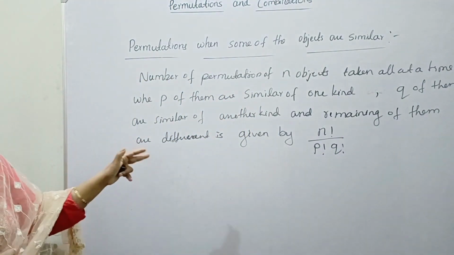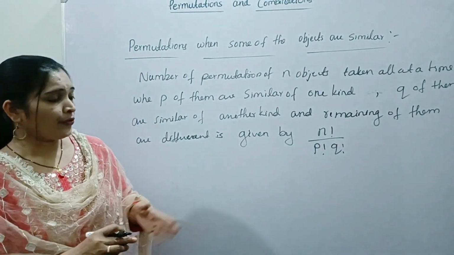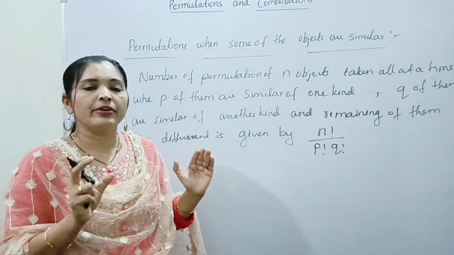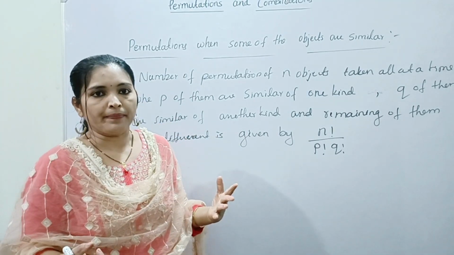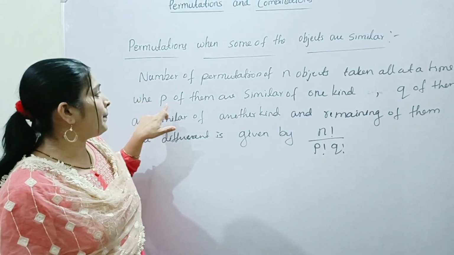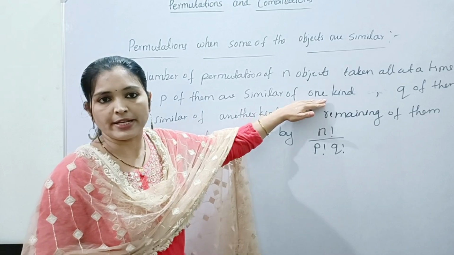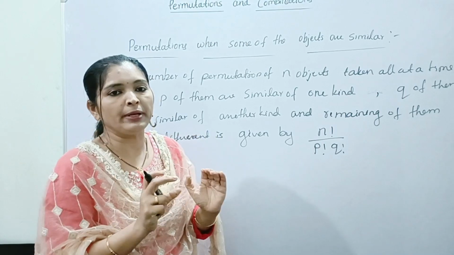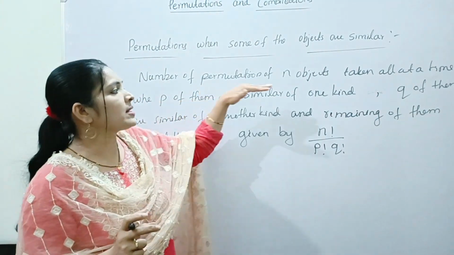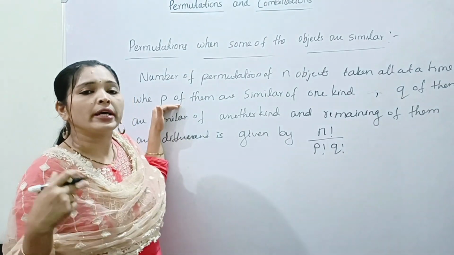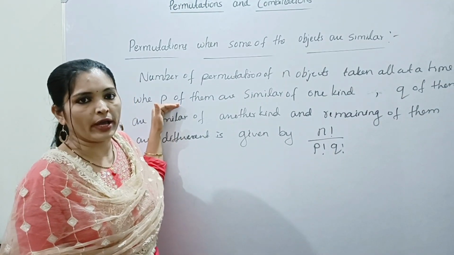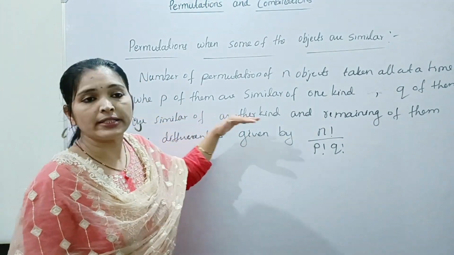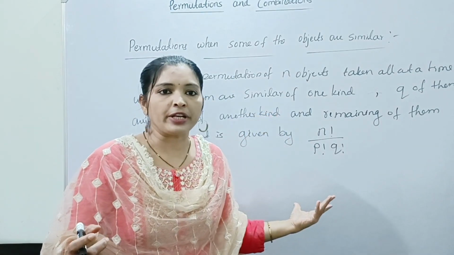Remember this formula. It is the number of permutations of n objects taken all at a time, when p of them are similar of one kind, that is the number of repeating objects, and q of them are similar of another kind, and the remaining are different.